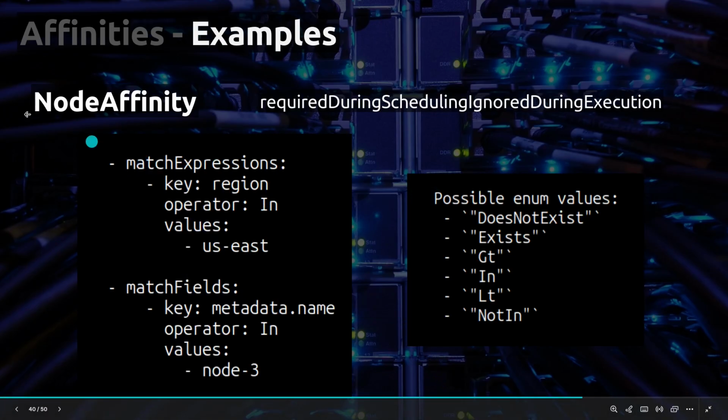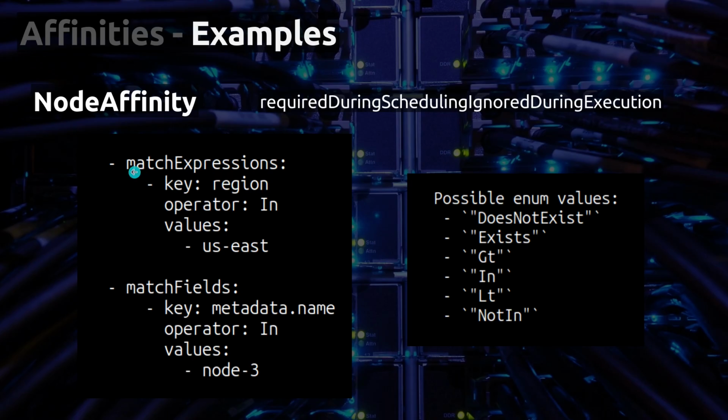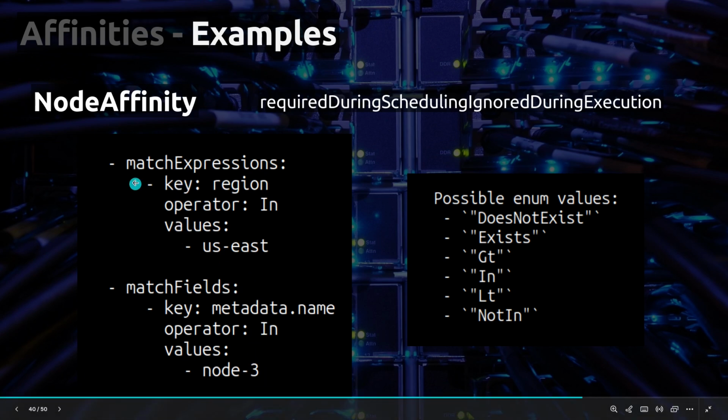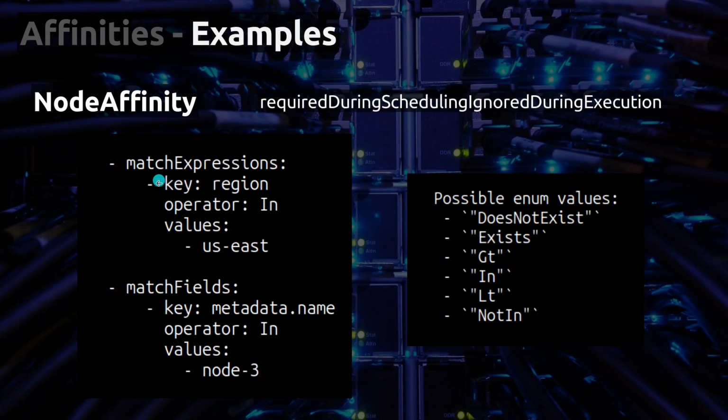As an example, for the node affinity, we have match expressions or match fields, like we said, and into it we can set multiple conditions. If we are in this indentation, like here, in the match expressions list, we can set a lot of keys, but it's like an AND condition. So it's a cumulative condition: we need all conditions to be verified to ensure the node affinity.